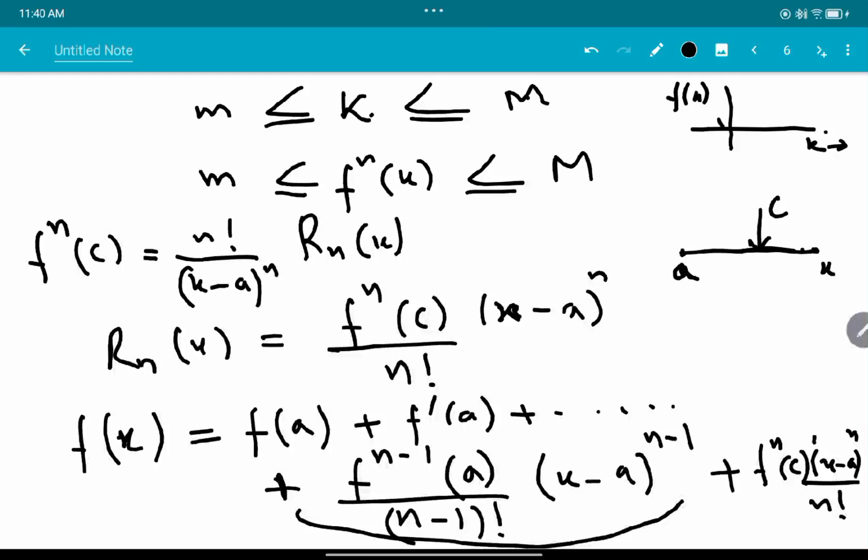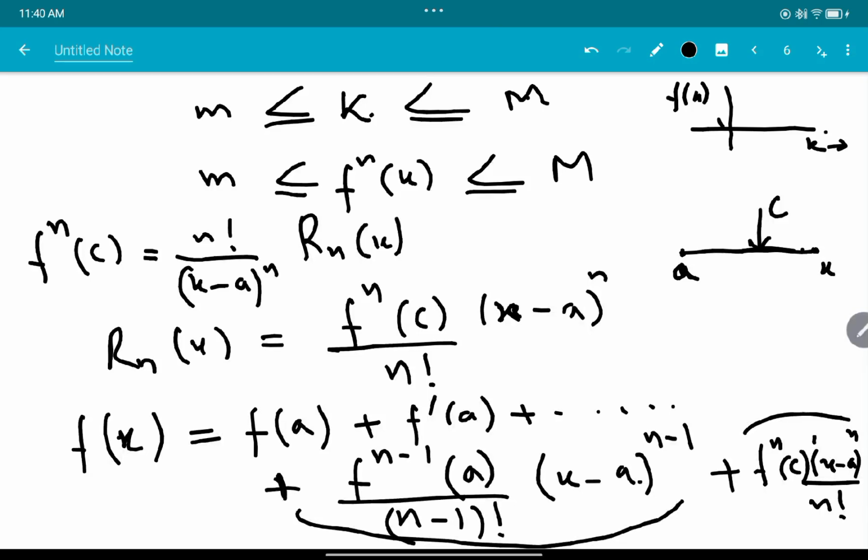If I don't write this in this expression, I will have an approximation, not an exact value of f(x). Whatever is left after writing some terms explicitly is taken as the remainder, and that remainder is equal to this value that we proved.